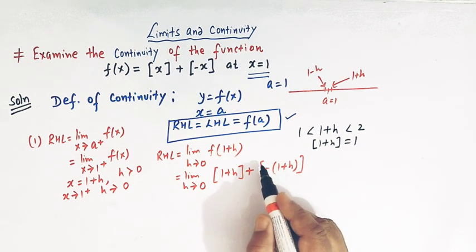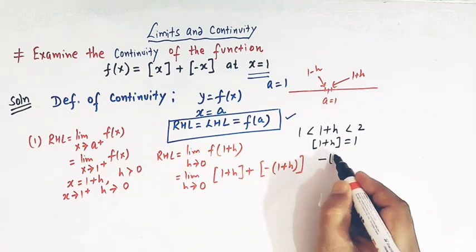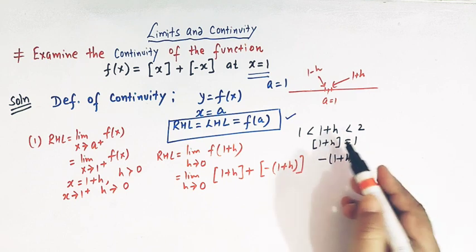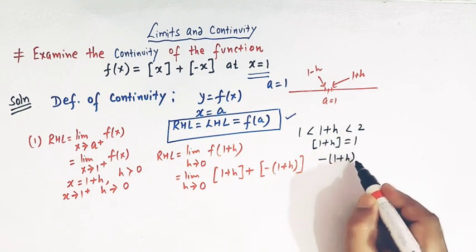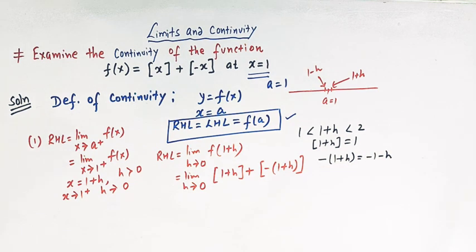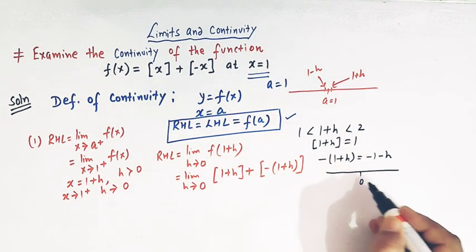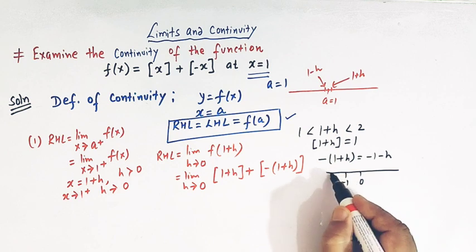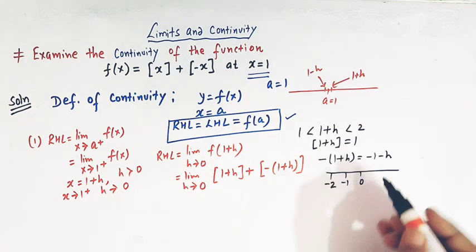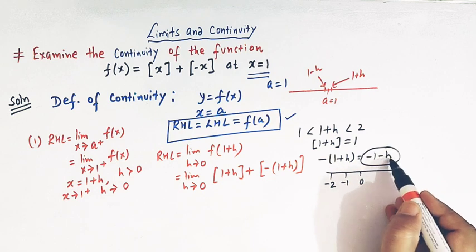Now let us take the other quantity. Inside the greatest integer function brackets, we have minus of 1 plus h, which can be written as minus 1 minus h. Here we have 0, minus 1, and minus 2. Let us concentrate on minus 1 minus h.